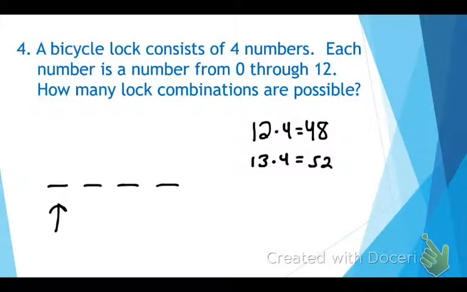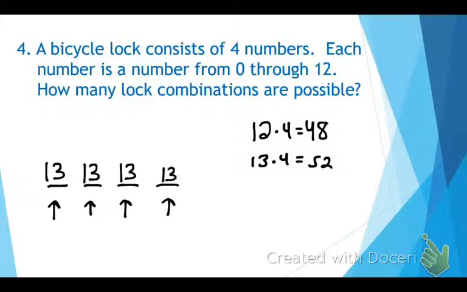How many options can go into that blank? Listen, 0 through 12. How many numbers are in 0 through 12? 13. So there are 13 different ways or numbers that can go there. How many different numbers can go in that blank? 13. How many can go in this blank? Oh my goodness. And how many in this blank?